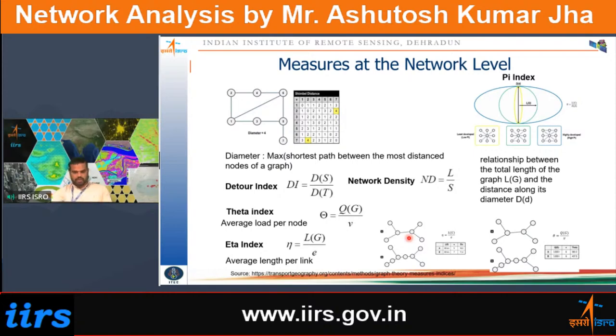So if you're measuring the shortest path, this is basically the total distance divided by the average or the longest distance which is possible to reach.